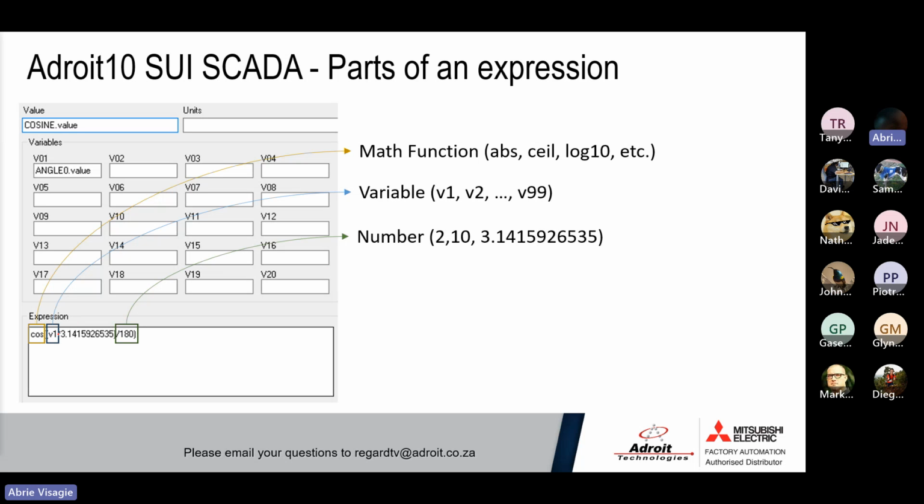In this case, for a cosine expression, we have a value being read in degrees, but since this cosine function handles radians, we needed to convert it. So we multiply it by pi and divide by 180, so we can convert our degrees to radians.